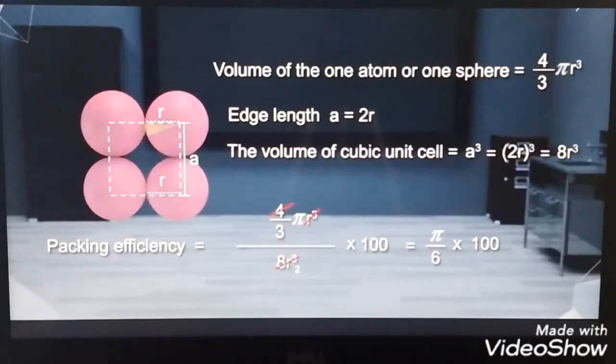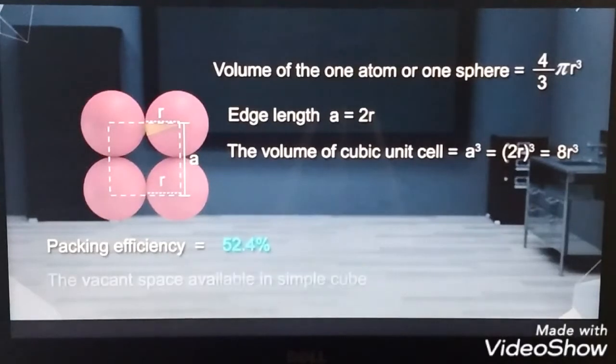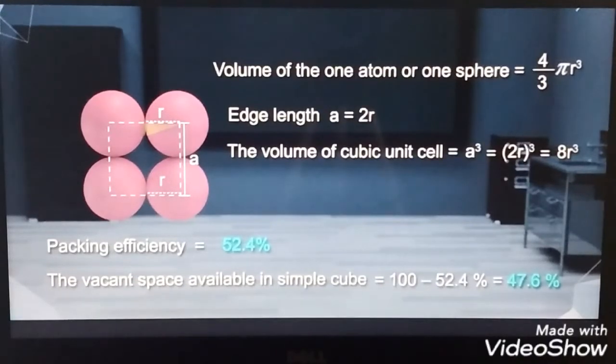Packing efficiency is equal to 52.36%, which is approximately 52.4%. The vacant space available in the simple cube is equal to 100 minus 52.4%, which is equal to 47.6%.